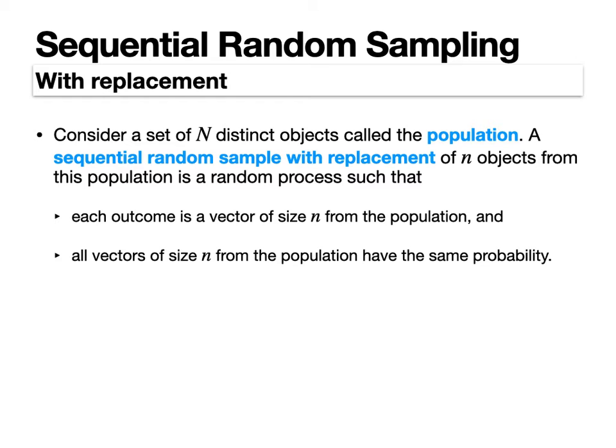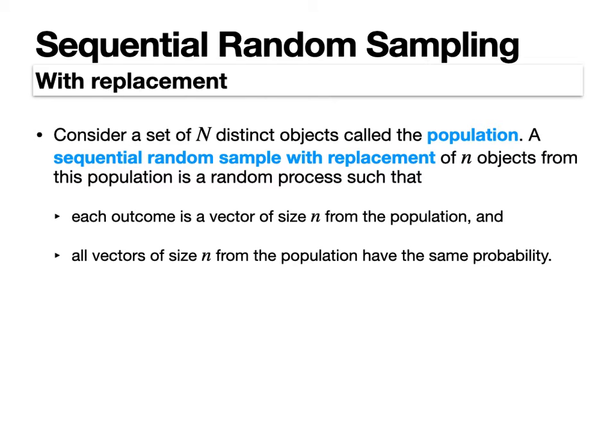There are no duplicates in a subset, but there can be duplicates in a vector. And this is the essence of sampling with replacement. I could have the vector Harry, Harry, Tom, where Harry got in twice and Tom just got in once. And that would correspond to the selection where maybe Harry is president and Harry is also treasurer, but Tom is secretary. So this is sampling with replacement.